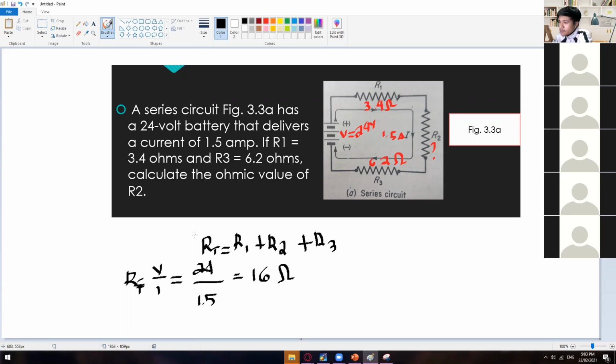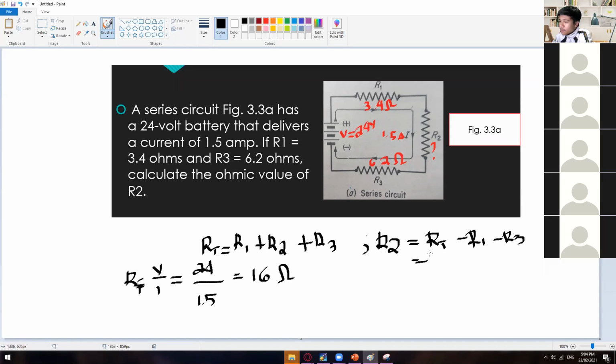So from there, you can now use this expression since there's now only one missing variable. Let me just change this expression. The one that we're looking for is R2. So R2 is equal to RT minus R1 minus R3. Just transfer those other variables.